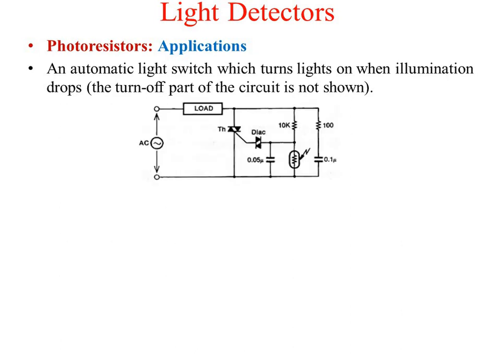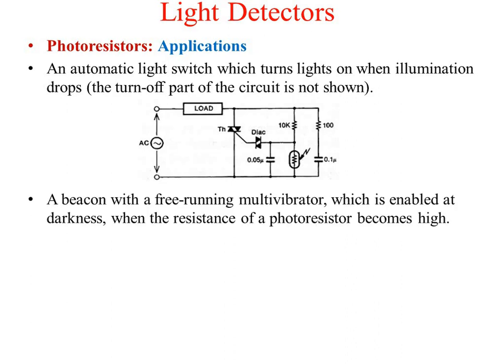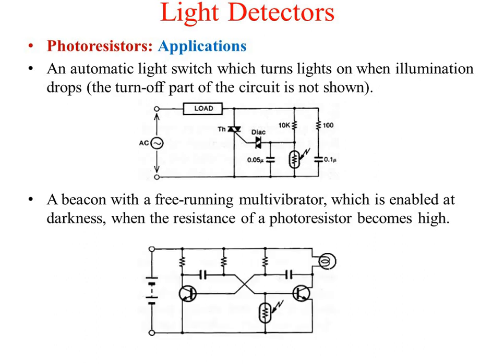Here it is the circuit which will turn on and off the AC device accordingly. Then there is a beacon with a free running multivibrator which is enabled in darkness, and when the resistance of the photoresistor becomes high, that will run the multivibrator beacon. The beacon is nothing but a light indicator.